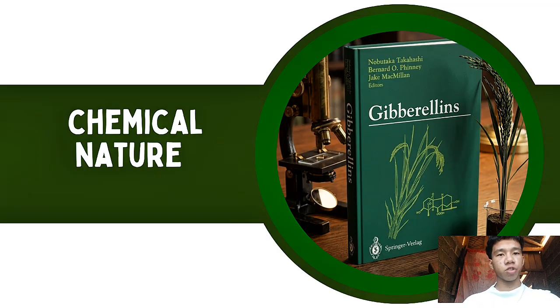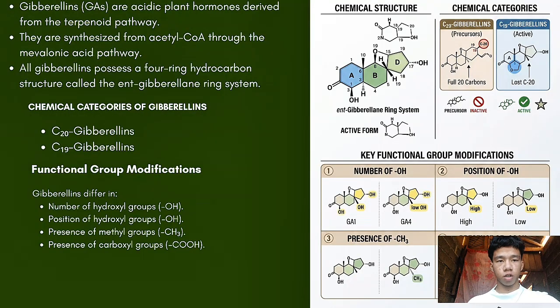And so now let us proceed to the chemical nature of gibberellins. Gibberellins, or GAs, are acidic plant hormones derived from the terpenoid pathway. They are synthesized from acetyl CoA through the mevalonic acid pathway, which is an important biochemical pathway responsible for producing many plant compounds.